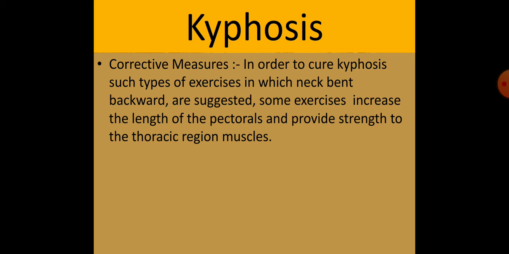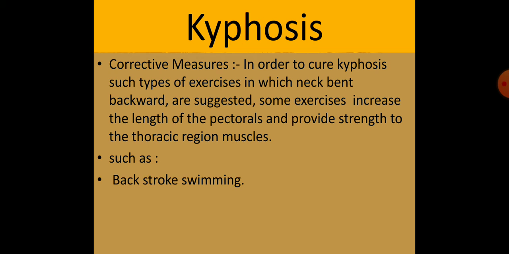So what type of exercises and asanas can we perform here? Backstroke swimming can be performed. Chakrasana, in which we bend our neck backward.